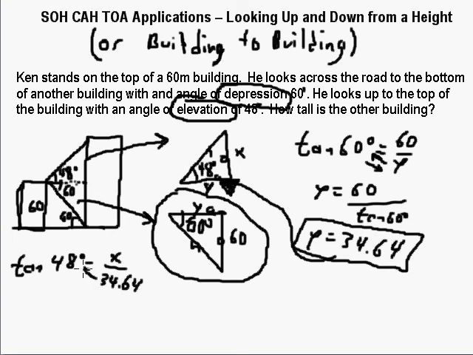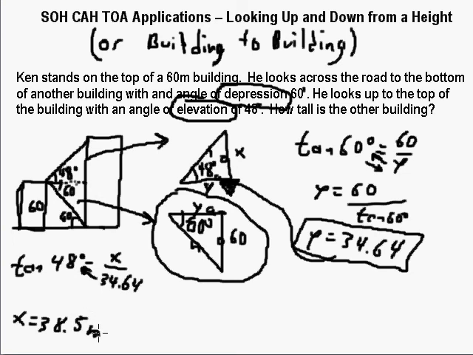Multiply that up there. So multiply, we'll keep what you've got in your calculator. You just did 34.64, so keep that in your calculator and times that by the tan of 48. And that should give you x equals 38.47. I'm going to round that to 38.5 though.